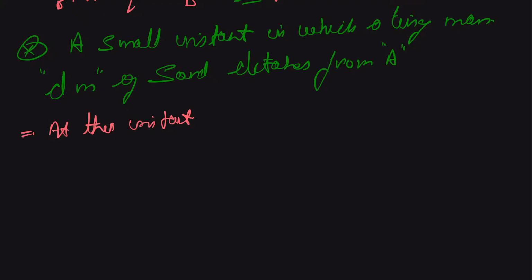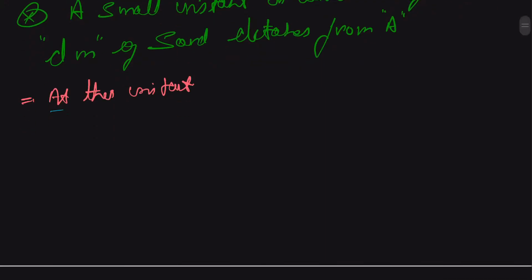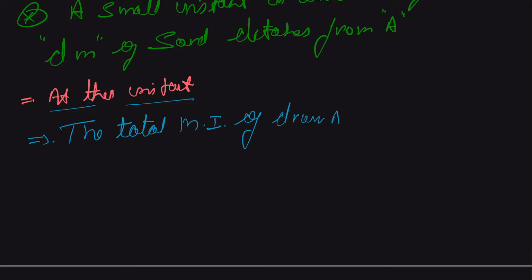Okay, so at this particular instant we can write that the total moment of inertia of drum A plus remaining sand, and this we have already denoted as IA of t.